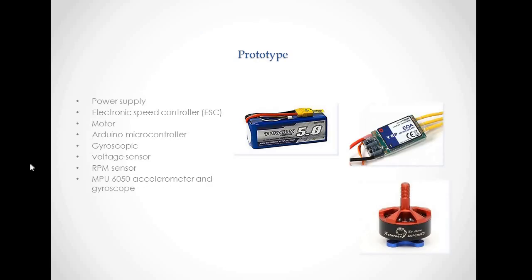As you see, the prototype of the project, the elements I used in this project: power supply, electronic speed control, motor, I used the brushless type, Arduino microcontroller, gyroscope, voltage sensor, RPM sensor, MPU sensor.